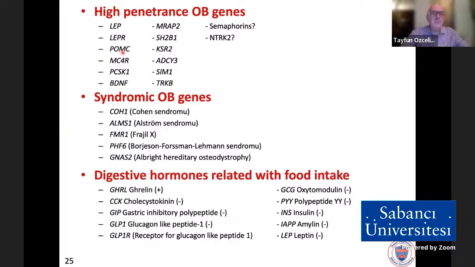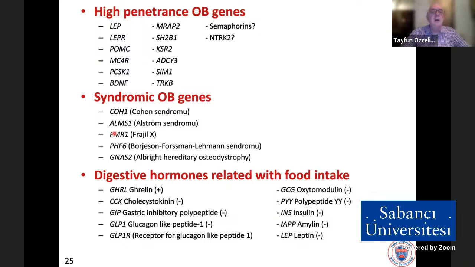So there are high penetrance OB genes like leptin, leptin receptor, POMC, MC4R, PCSK1, BDNF, and so on. There are syndromic obesity genes. For these syndromic obesity genes, some alleles of mutations in that gene result in a distinct syndrome like Alström or Cohen syndrome or Borjeson-Forssman-Lehmann syndrome or Albright hereditary osteodystrophy.